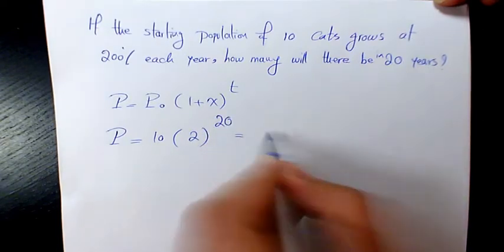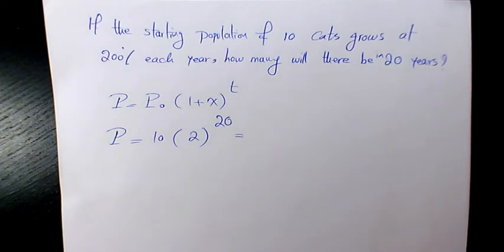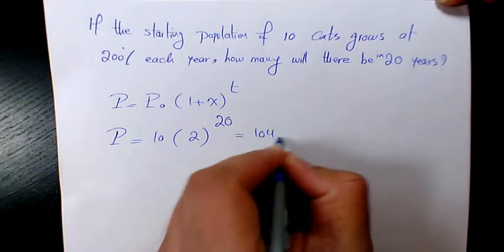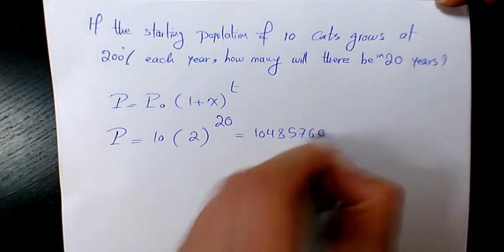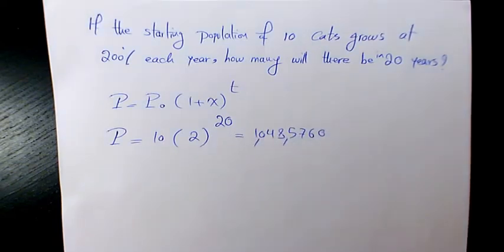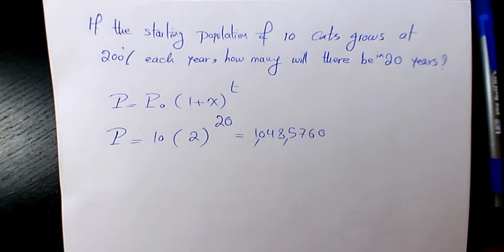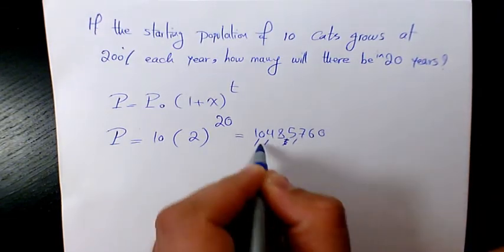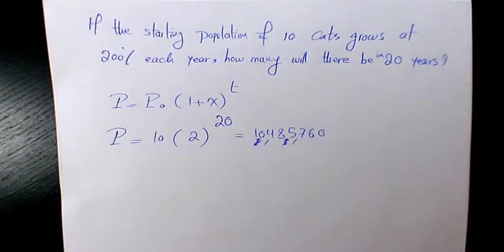So it's going to be 10 times 2 to the power of 20, which is going to be 10,485,760.